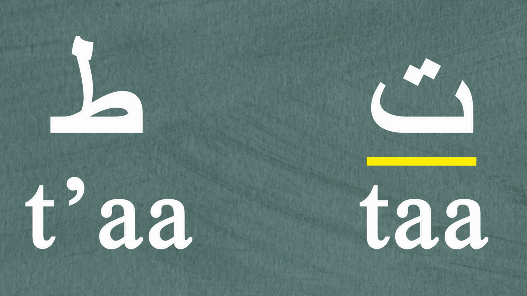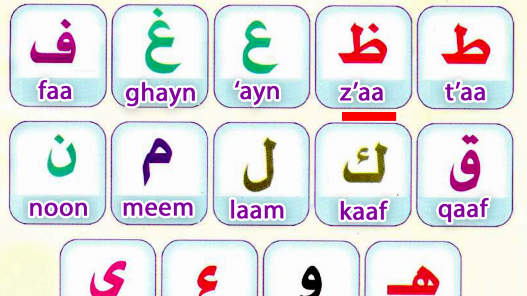It's a light letter. But here this letter is ta. It's heavy. After ta, there is za. Still, we get the tip of the tongue outside the teeth. Za.